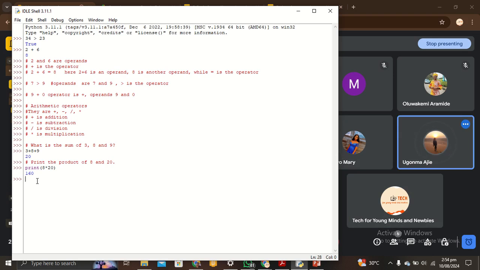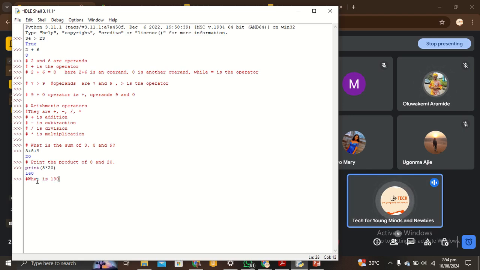Okay, the arithmetic operators are simple. So if I say what is 190 divided by 7? Have you seen the divided by sign on your keyboard? Okay.